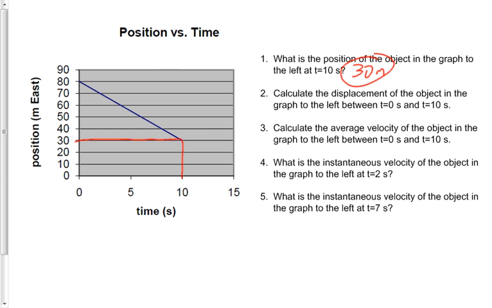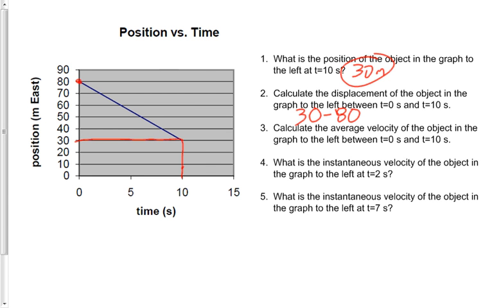Displacement is defined as, good, it's the change in position. So we're going to get two different positions and subtract them, up and over, and then subtract the 2. So position at 0 seconds is 80, at 10 seconds is 0. The change in position is always final minus the initial. Somebody this morning said, why are we taking the bigger number from the smaller number?